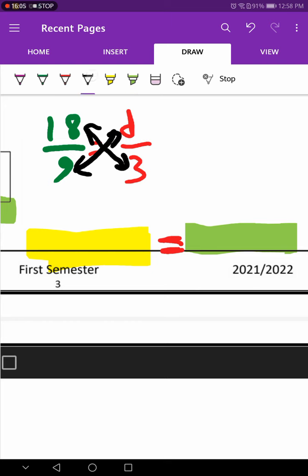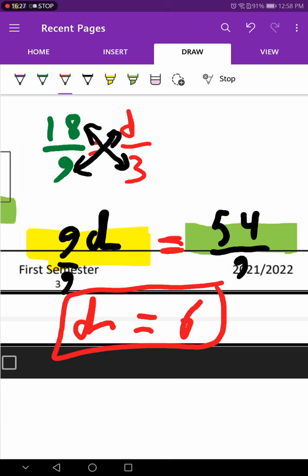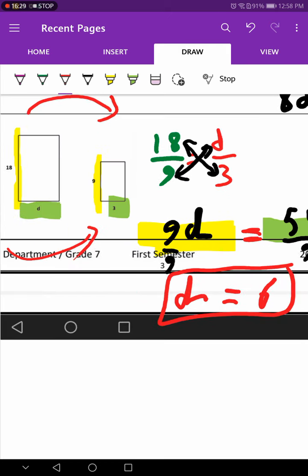So 9D equals 3 multiplied by 18 equals 54, and divide by 9, so D must equal 6. So the missing side here is 6. Okay, so D equals 6.